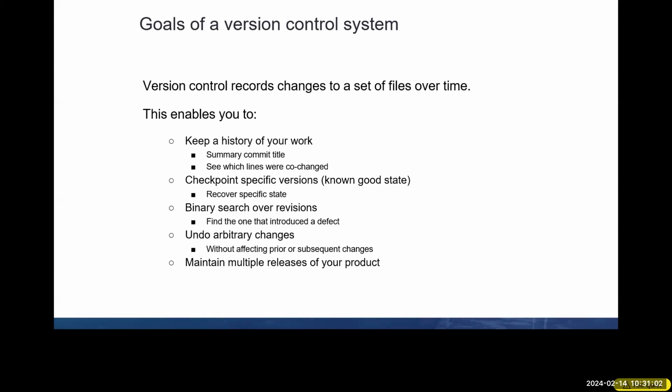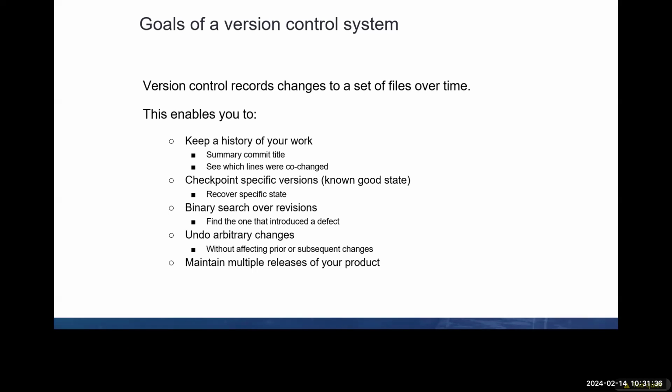This enables you to keep a history of your work, with a summary or commit title, see which lines of code were changed, and checkpoint specific versions, a known good state, so you can recover a specific state if you want to change some states or revert. You can also do a binary search over revisions to find the one that introduced a defect.